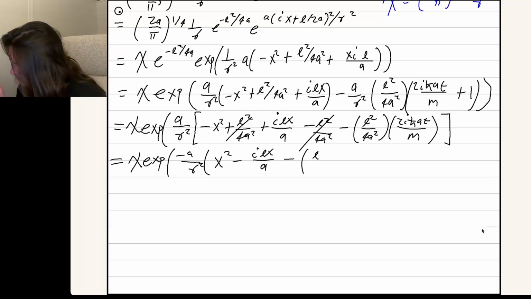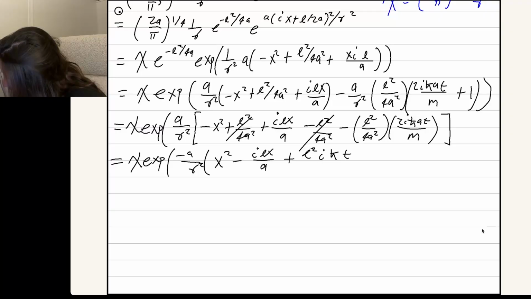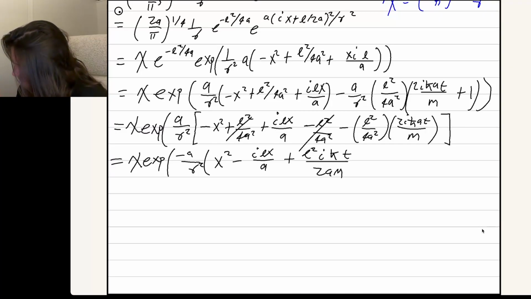I'm going to try and actually do this multiplication now, as much as it pains me. It's going to be l squared i. It's going to be a plus sign overall. h bar t over 2am. Awesome.